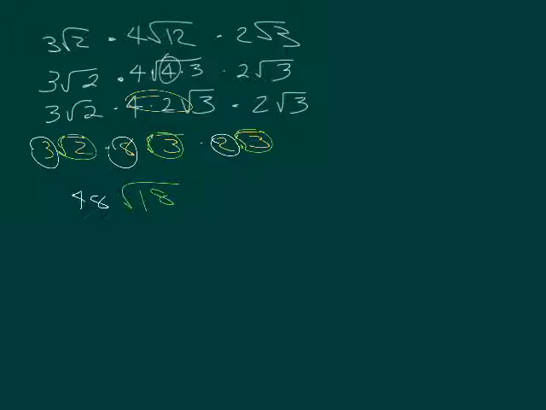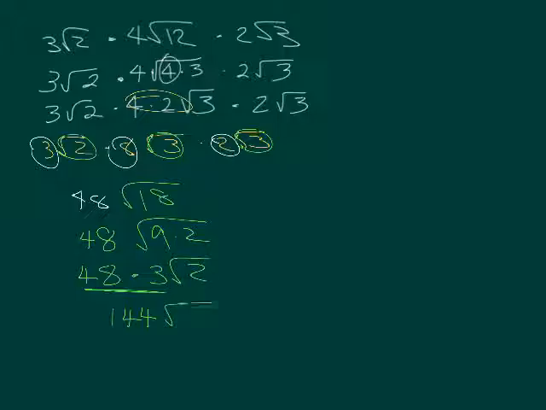But square root of 18 can be reduced because I can rewrite it as a square root of 9 times 2. Well, what is the square root of 9? It's 3. So we can pull that 3 out. So now we've got 48 times 3 and get 144 times the square root of 2. Okay, so the answer is the same.